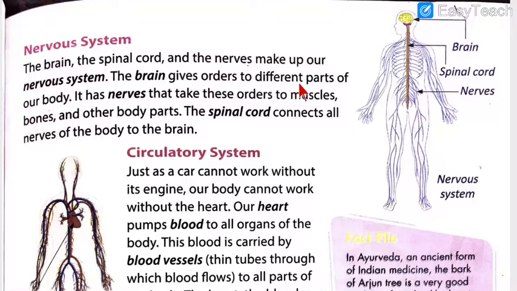The brain gives orders to the different parts of the body. Now that is what you need to understand, students. Have you seen a mentally challenged person walking on the road? Yes or no? They don't know where they are walking. They don't know what will happen if they put their hand on the fire.